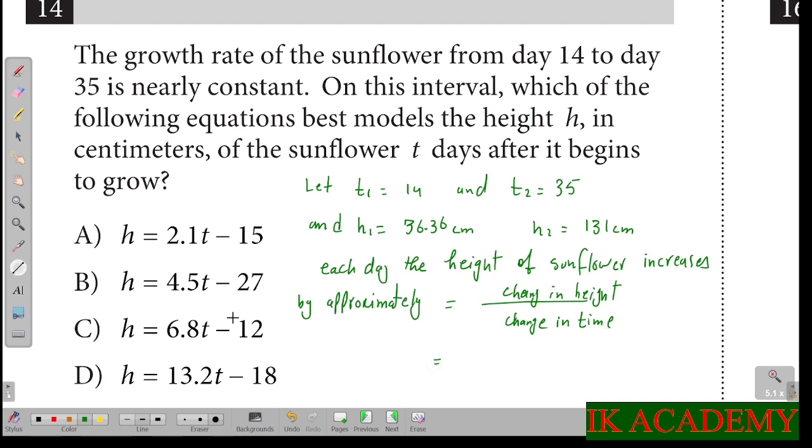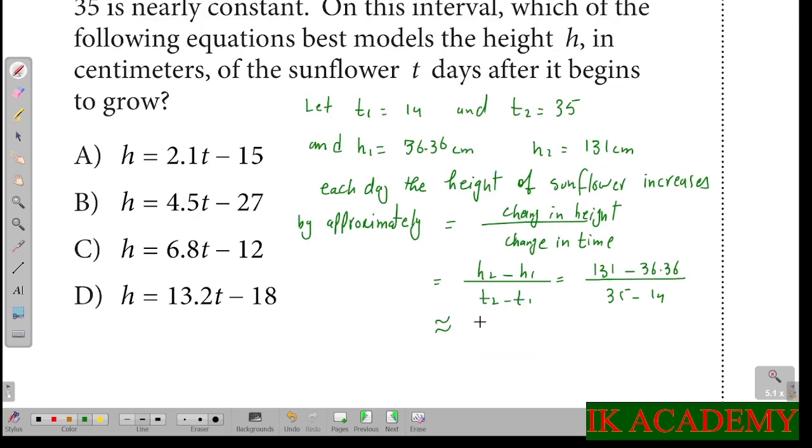So we can easily see the change in height is equal to h2 minus h1, and the change in time is equal to t2 minus t1, which is equal to h2 is equal to 131 minus h1 is equal to 36.36, and the change in time is equal to 35 minus 14.